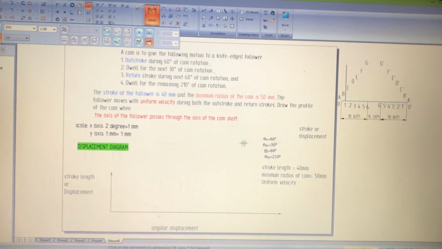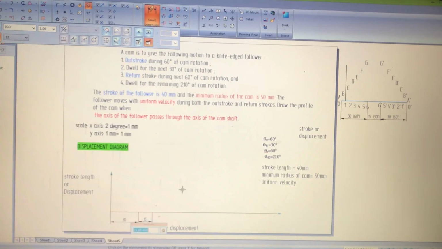Now we'll go to the first one, that is angle of rise. It is 60 degree. According to the scale, 60 divided by 2, you will get 30 mm. Next, the dwell period is for the next 30 degree, so it is 15 mm, 30 divided by 2.